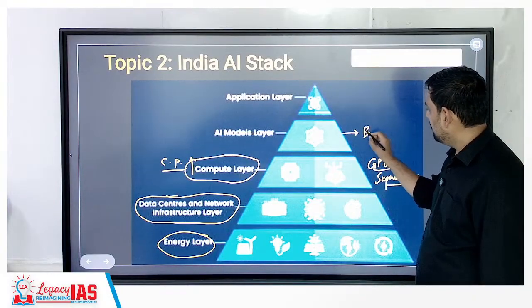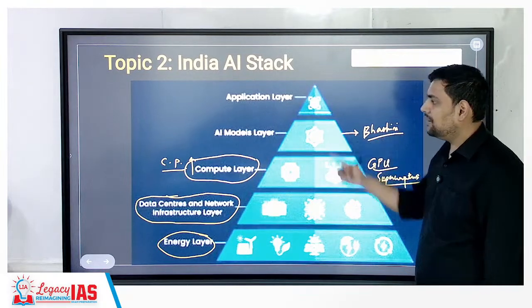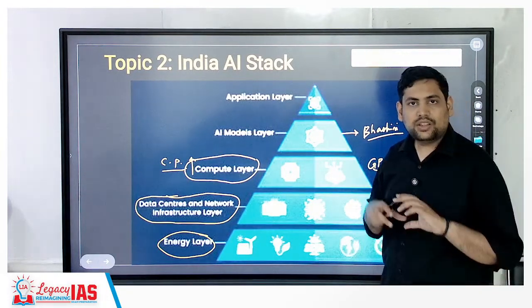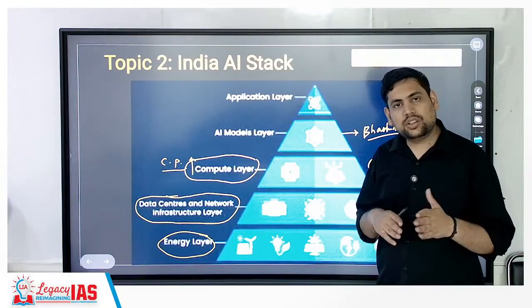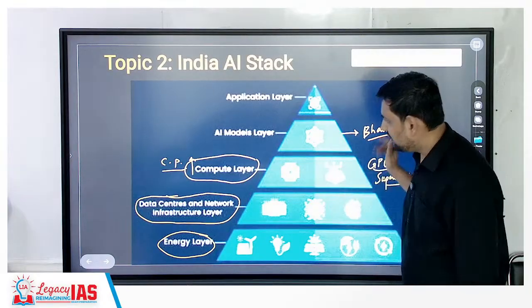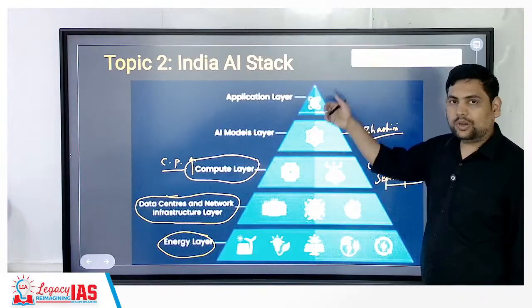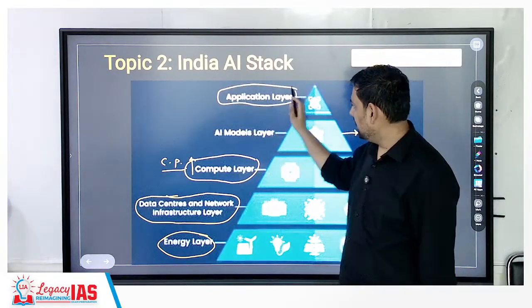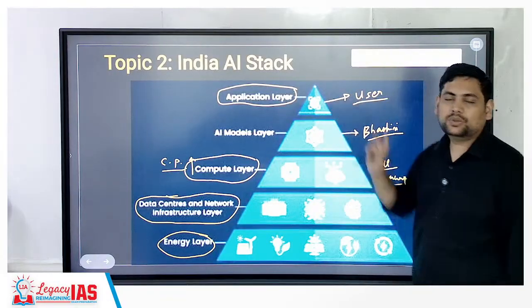For example, Bhashini. Bhashini is an AI model layer. This converts most of the AI applications and everything into your native languages, for example, Hindi, Marathi, Kannada. So it converts everything here. After this, you have the top layer, that is the application layer. This is what gets to the user.